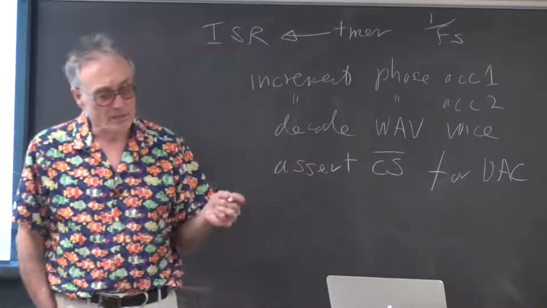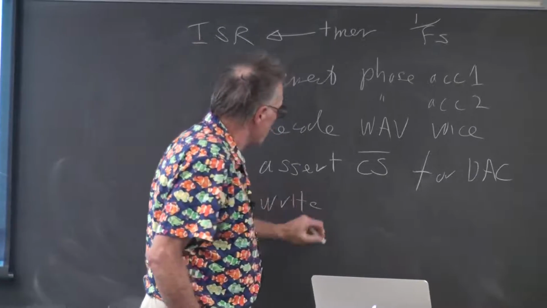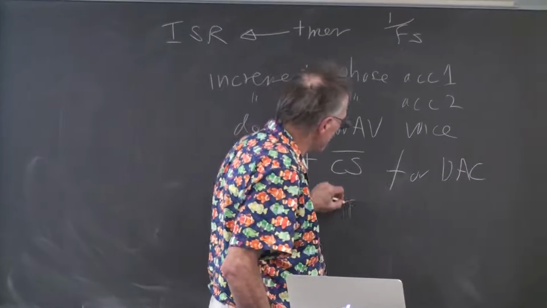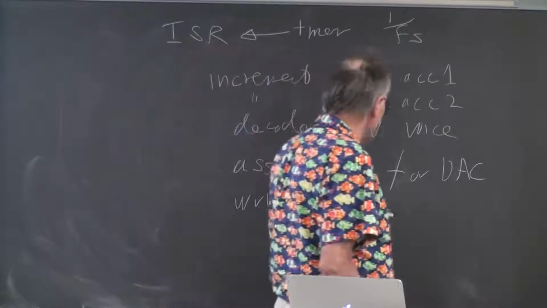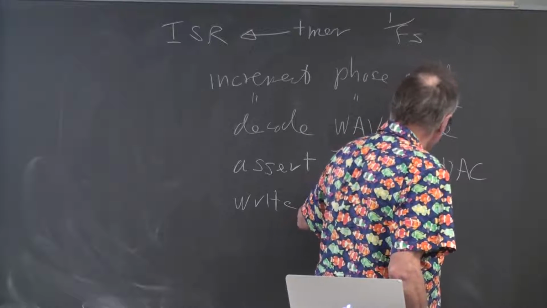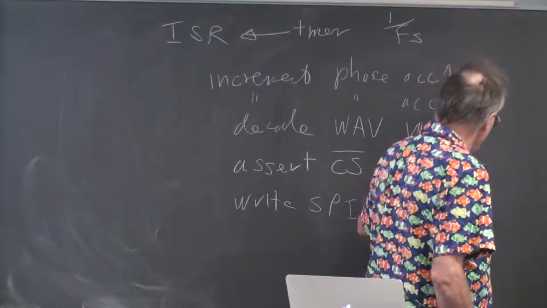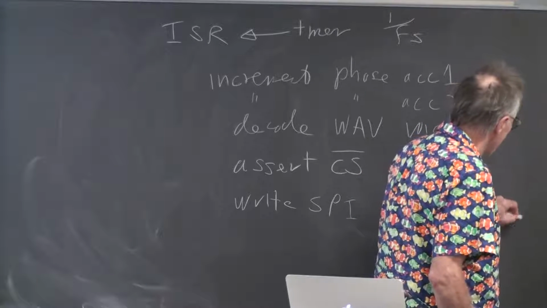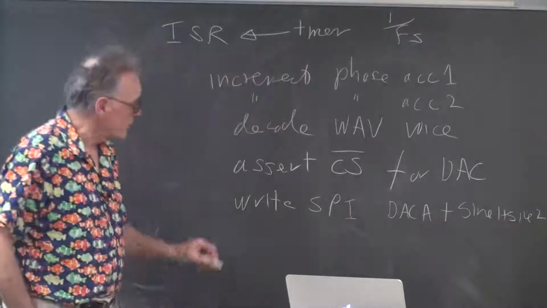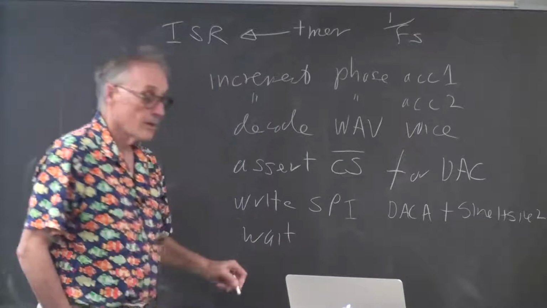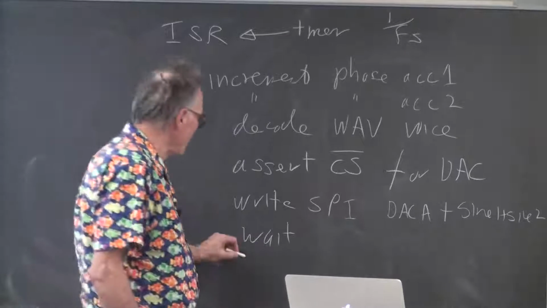So you're going to assert the chip select for the DAC, and then you're going to write to the SPI channel, DAC A control data, and you're going to add sign 1 and sign 2. Then you're going to wait. You must wait until this is done, and then deassert.